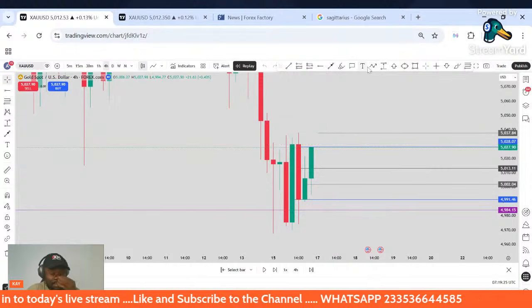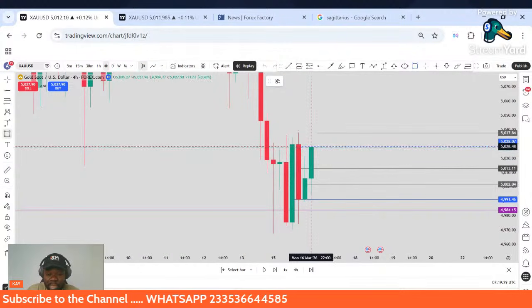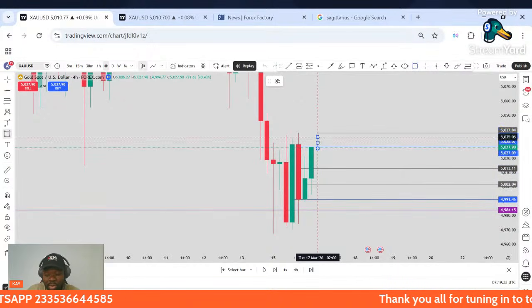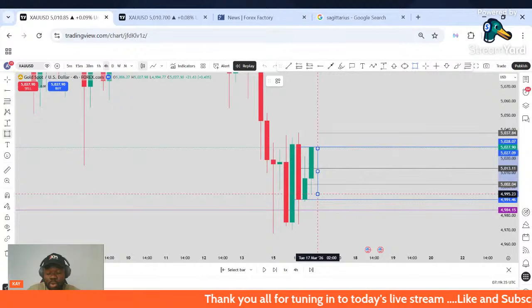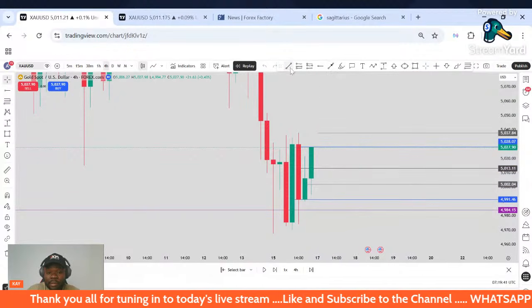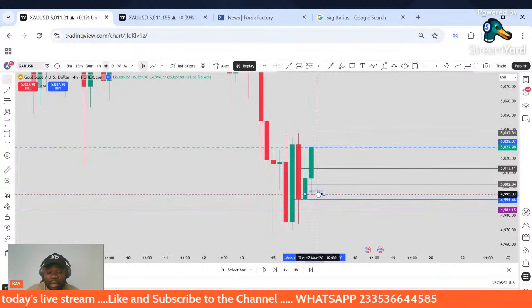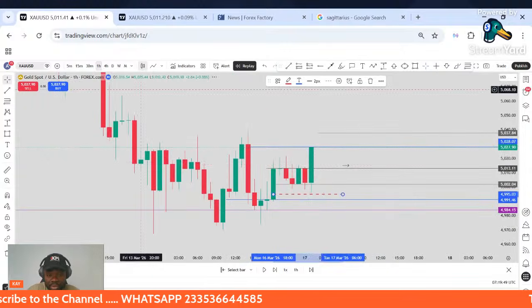So what we are expecting on the higher time frame, which is the H4 time frame, is just a pullback. You don't know how long the pullback is going to go, but we want to see a pullback. At least it should respect this low over here. Then we take the continuation of the trend.